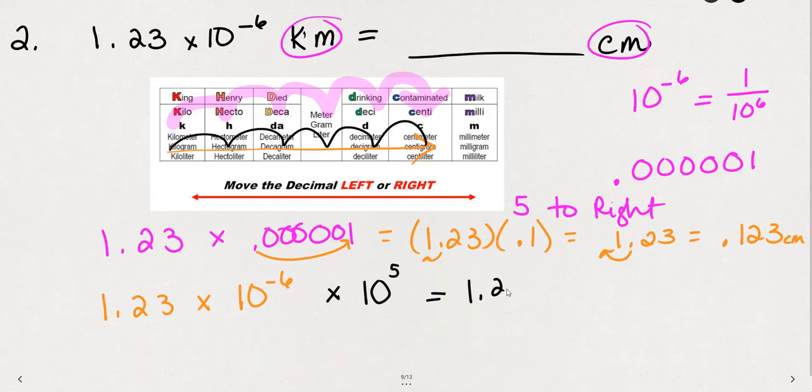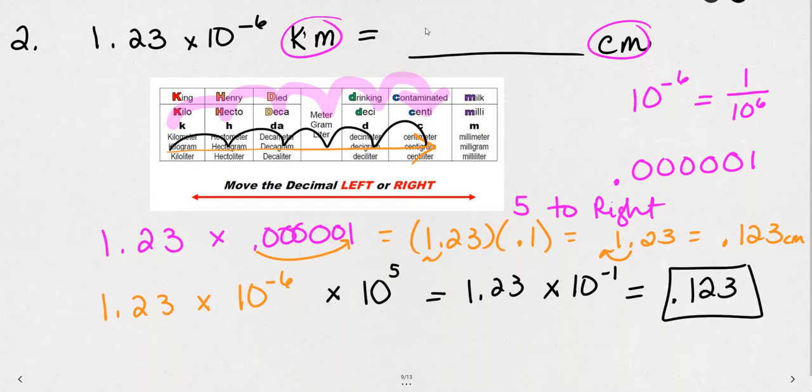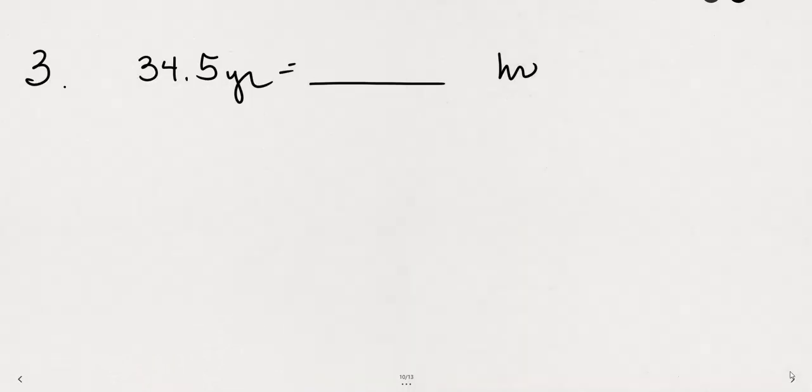So that's where this 1.23 times 10 to the negative 1 comes from, which is equivalent to 0.123. And that's how you'd work this number too. I know that one's a little different with it being in scientific notation.